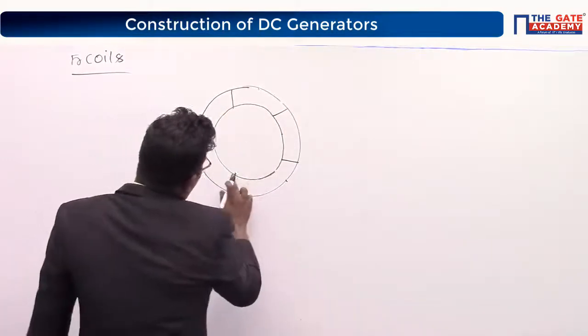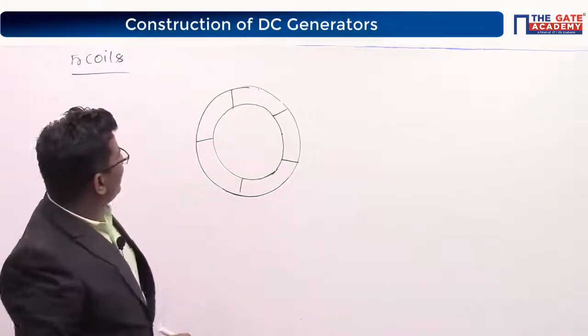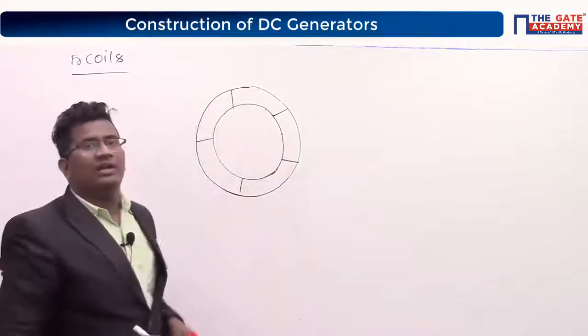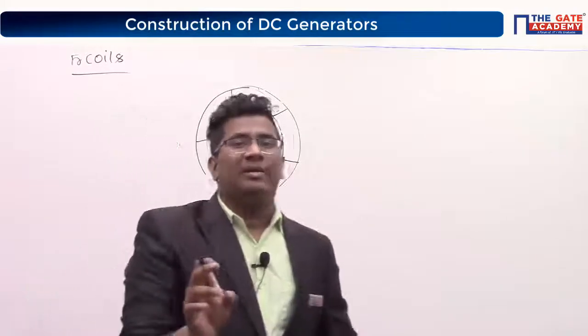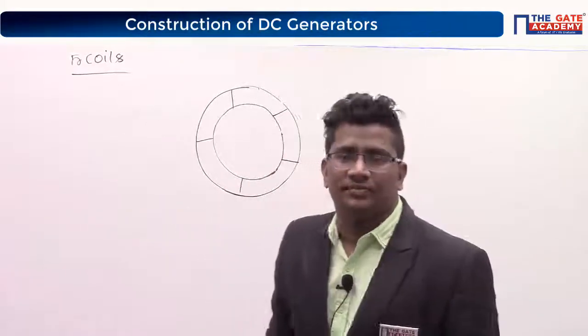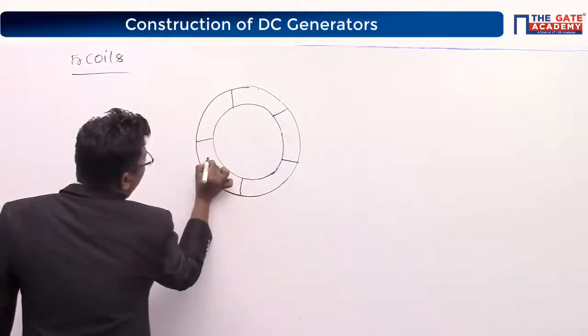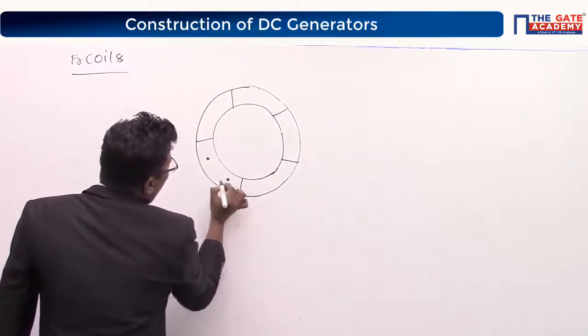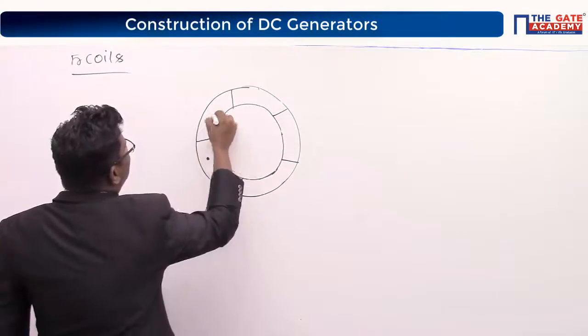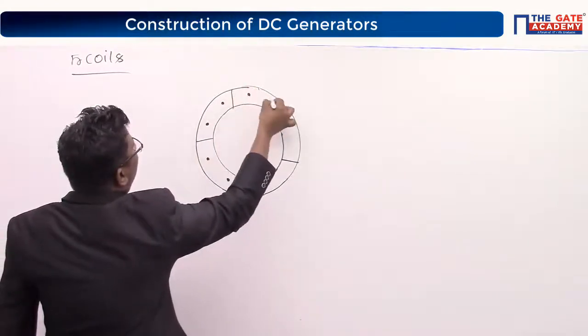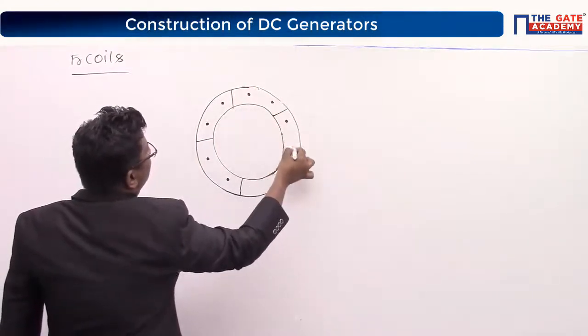Check it out. Total 5 segments: 1, 2, 3, 4, 5. Tell me, how many electrical connections will each segment have? Each segment will have 2 electrical connections, right? Each segment will have 2 electrical connections.